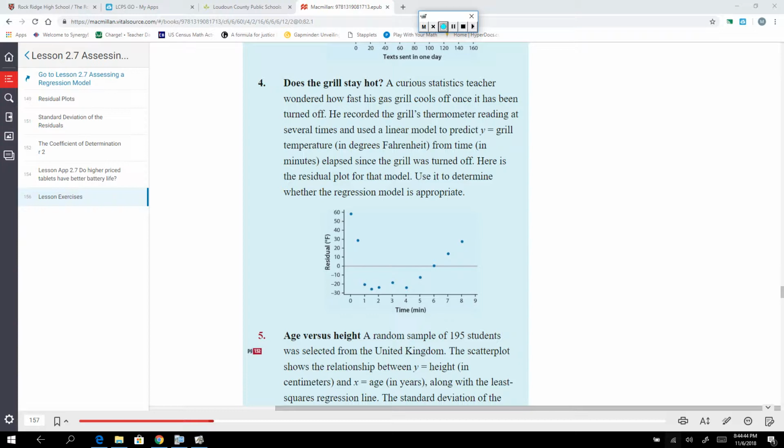And we're asked, based on this residual plot, is the regression model appropriate? Hopefully you see a pattern. We see it come down and then go back up. It's a curved relationship, and we have quite a few data points below. It's a U-shaped curve. We don't like patterns in residual plots.